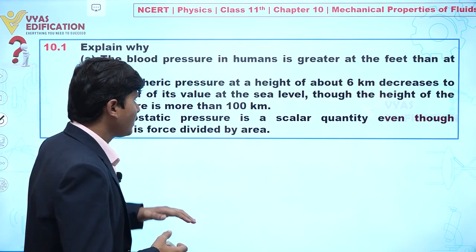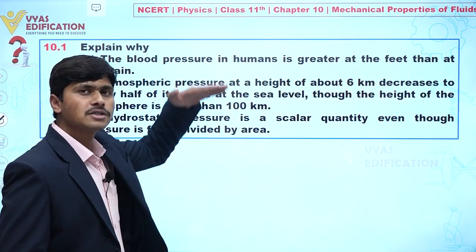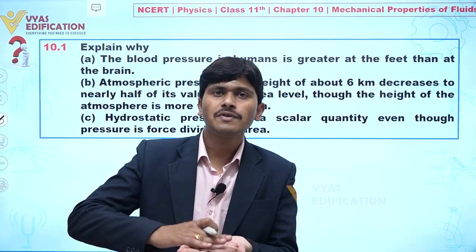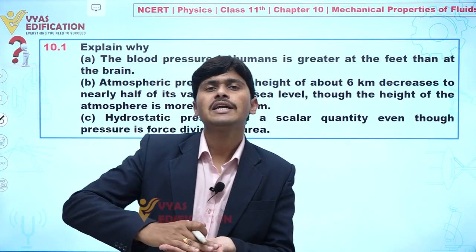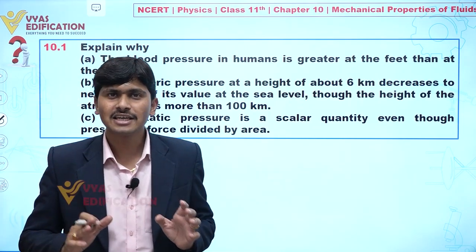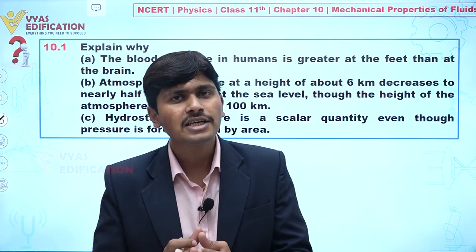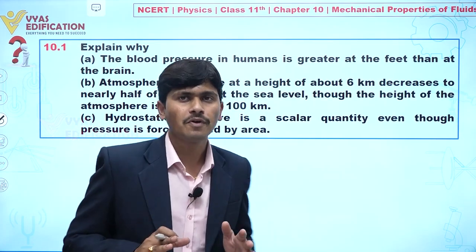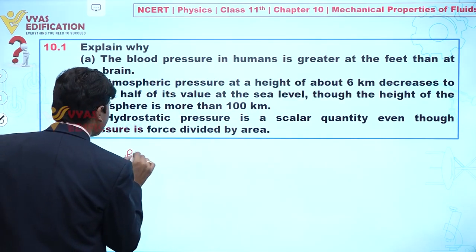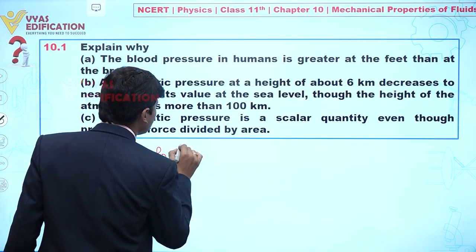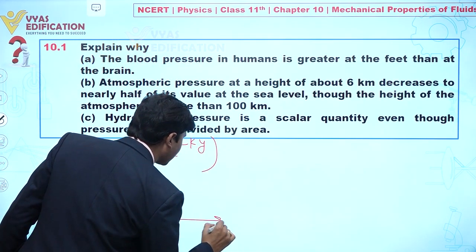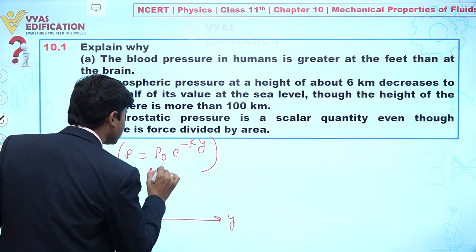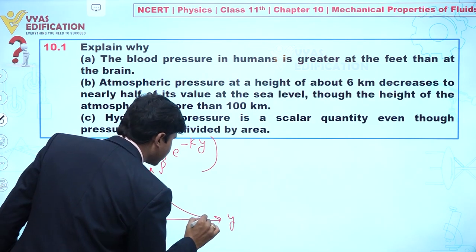As we move away from the surface of the earth to a certain height, the density of air decreases, but not in a uniform way. Generally the density varies like e to the power minus ky. If we draw a graph between y and density, it should look like this.